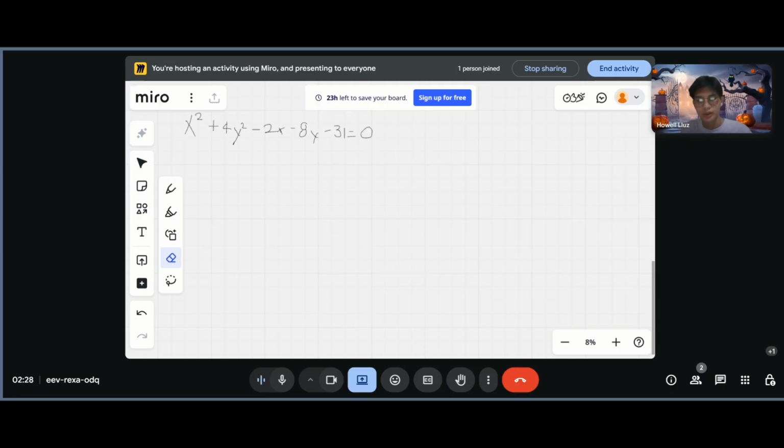So for the general to standard, to solve for the general to standard equation to get the properties, first step we'll just regroup this.